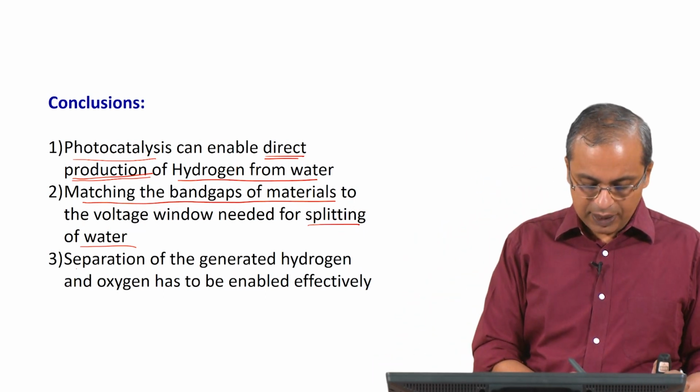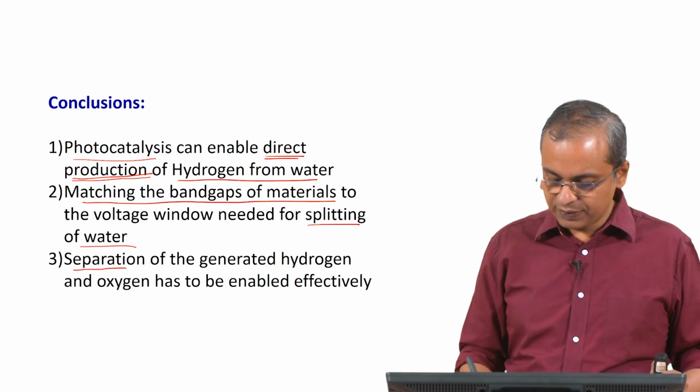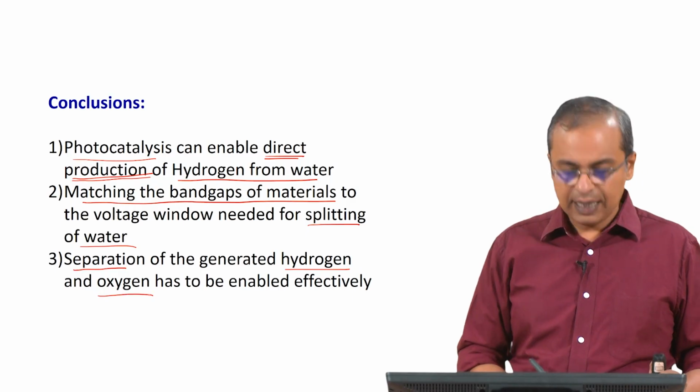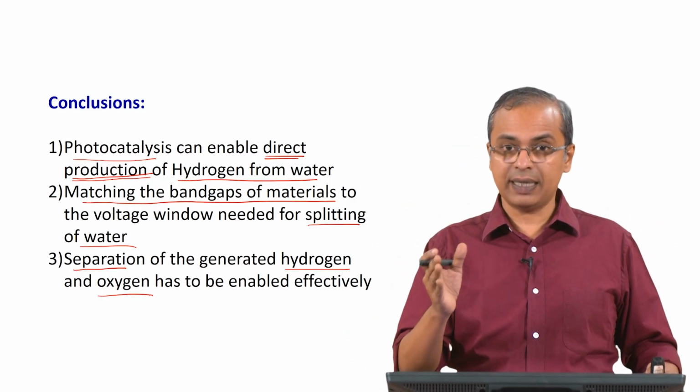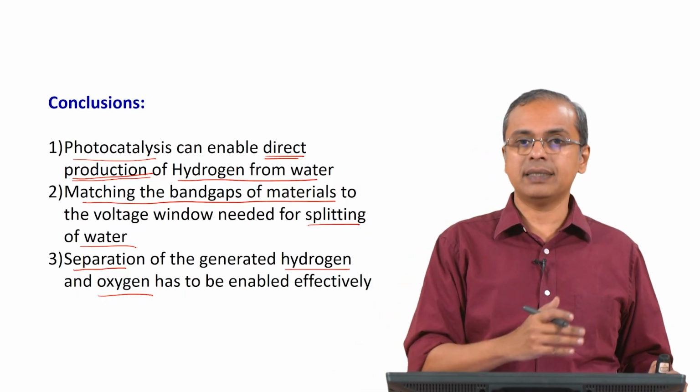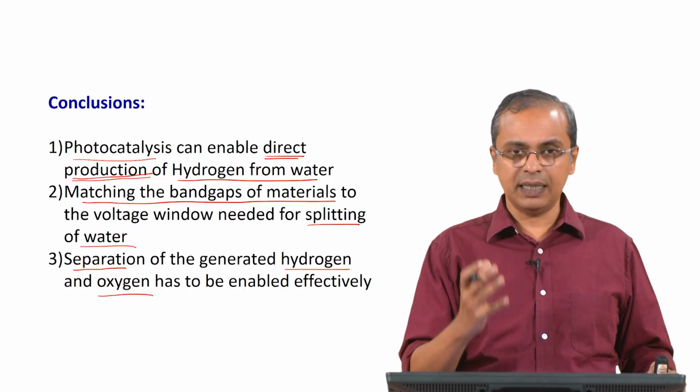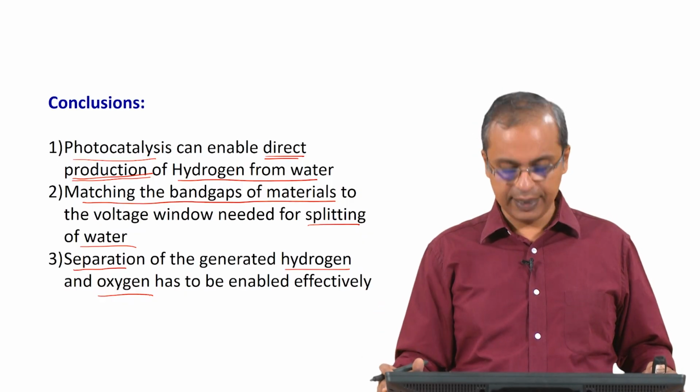And as I said, one major challenge always remains about the separation of the generated hydrogen and oxygen. And of course, if you want to use the oxygen itself, then it is ideal to do it in such a way that you can tap the oxygen independently and tap the hydrogen independently. So, that is not an easy process, you have to think of some nice way of doing it.